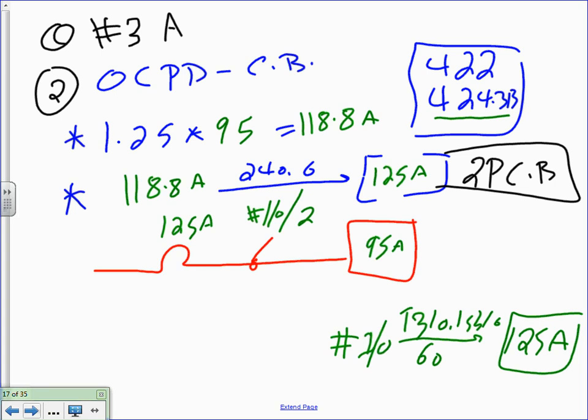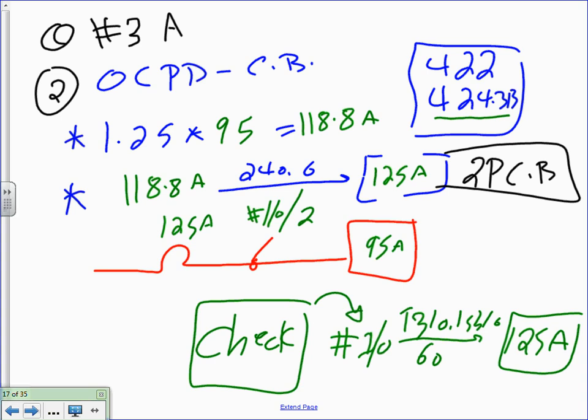Now, am I okay in this case? This one is for your check. Check if number 1 aught is actually protected. Is it protected? Yep. Move on.